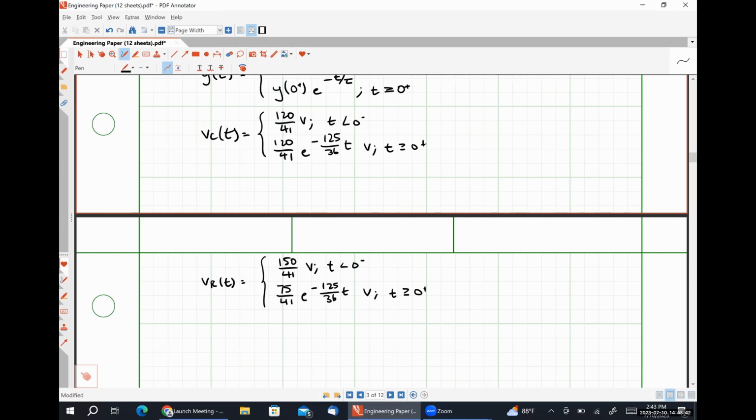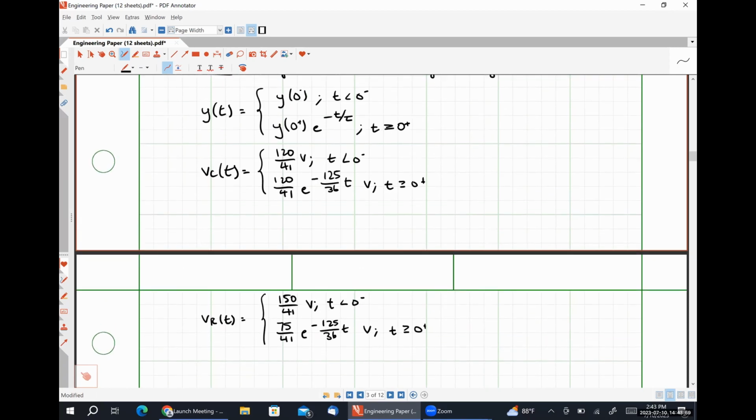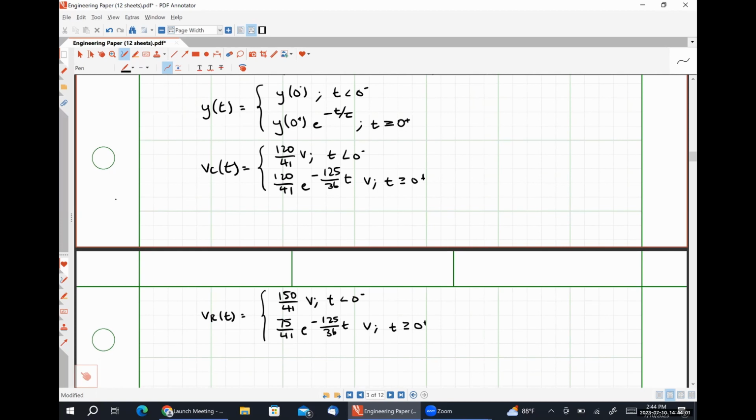All right, so before we move on to other things, does anybody have any questions about this example or any of the steps or anything? Just as a refresher for your generic equations, the y at 0 plus e to the negative t over tau, that's because it's an RC circuit and tau is equal to RC.